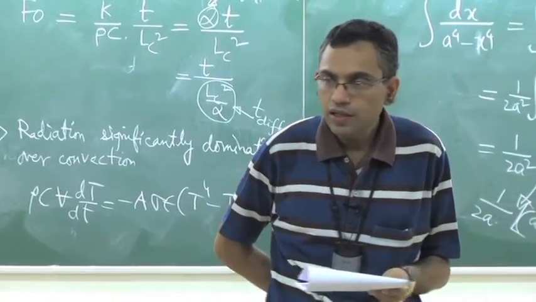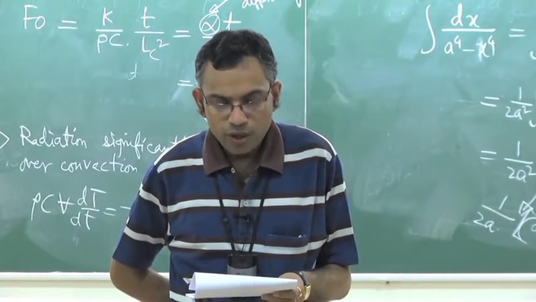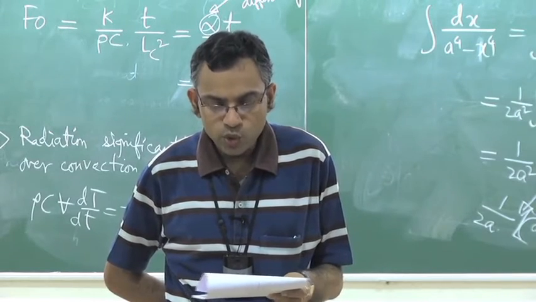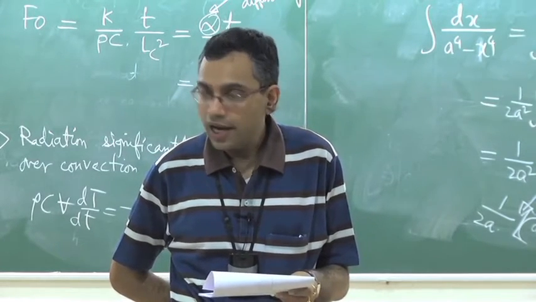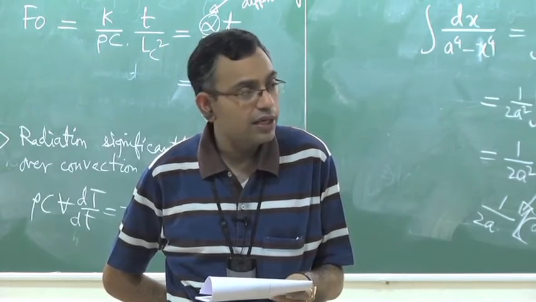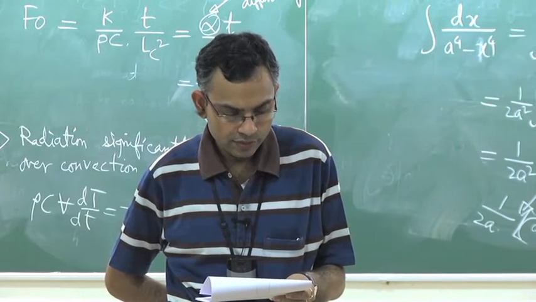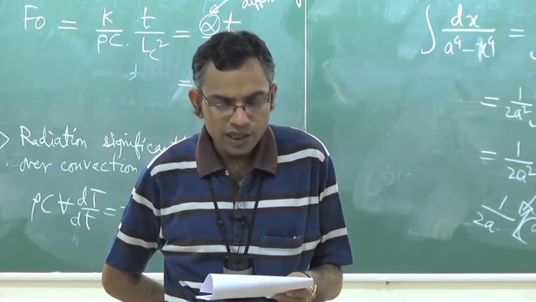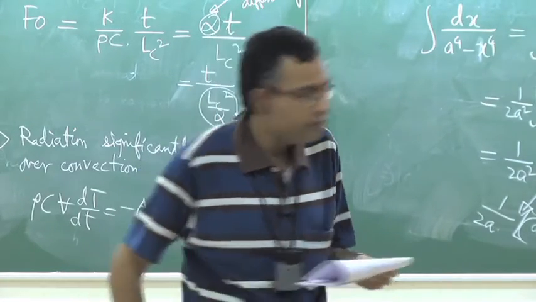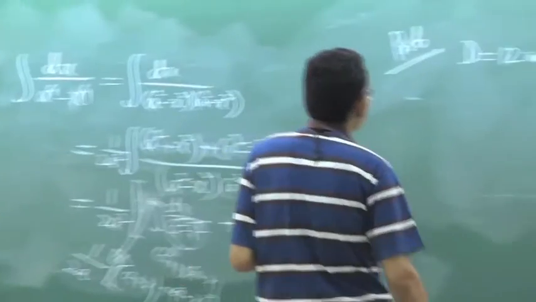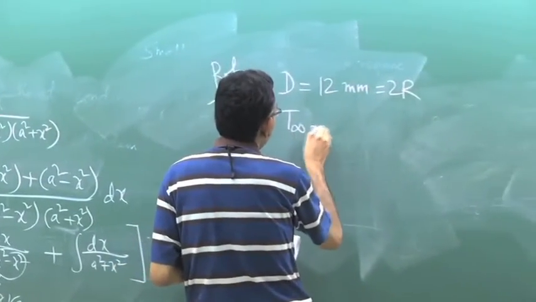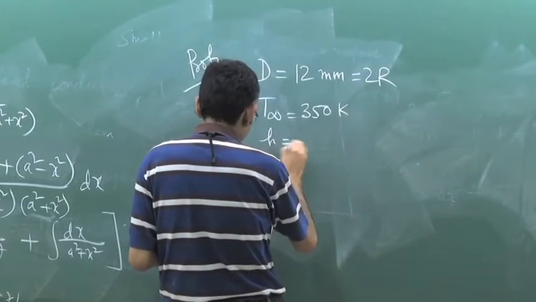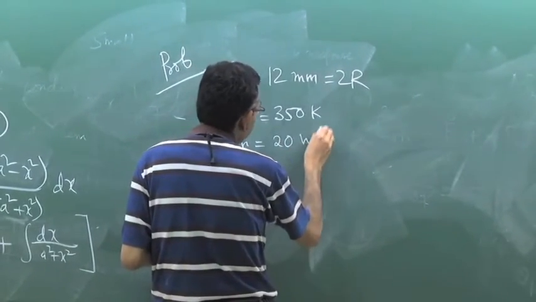I am repeating, steel balls of 12 millimeter diameter are annealed by heating to 1150 Kelvin and then slowly cooling to 400 Kelvin, in an air environment for which T infinity is equal to 350 Kelvin, and H is equal to 20 watt per meter square Kelvin.